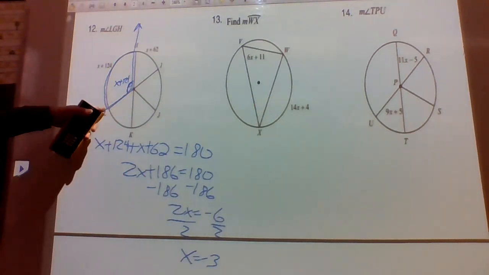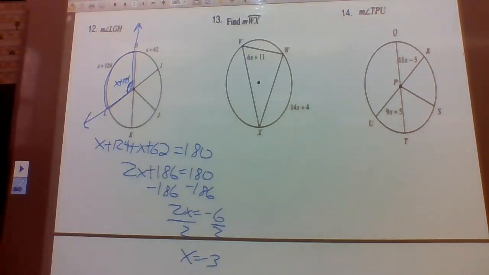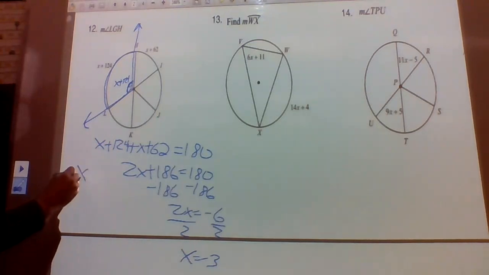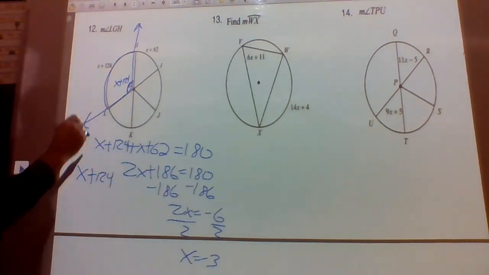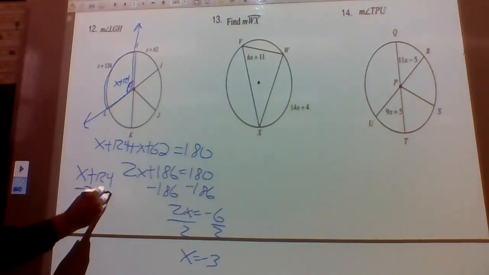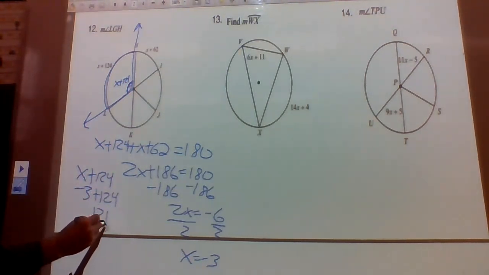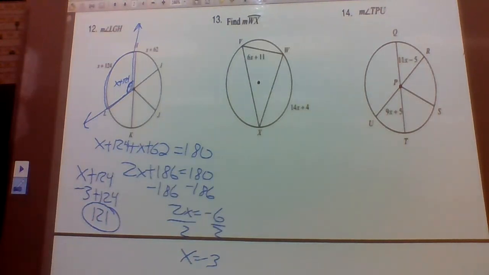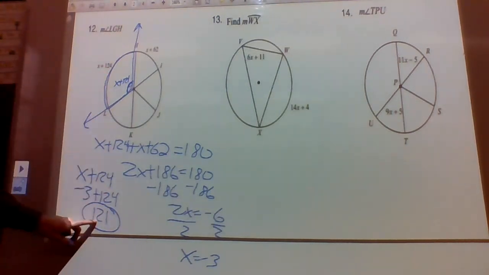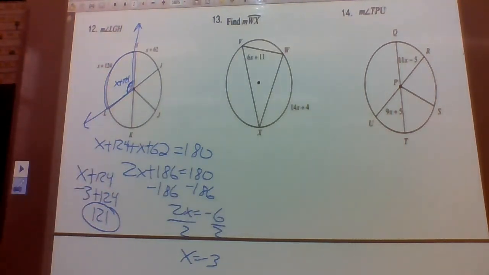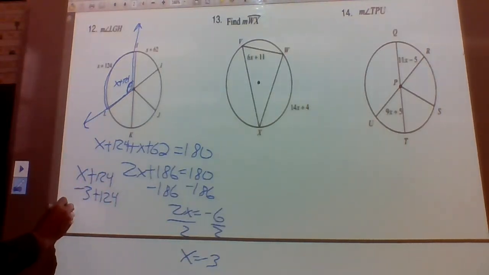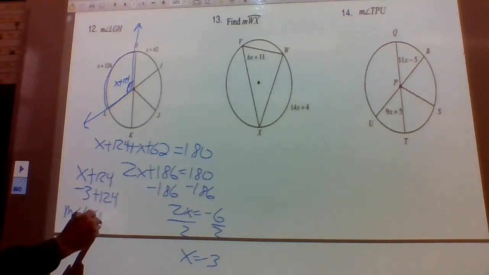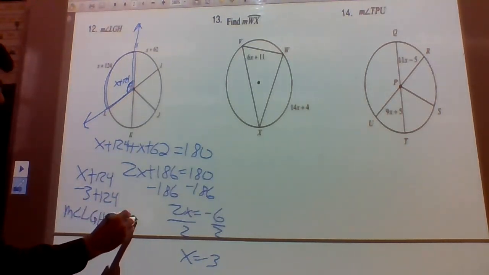All we have to do is substitute in negative 3 for x. Negative 3 plus 124 is 121. So the measure of angle LGH equals 121.